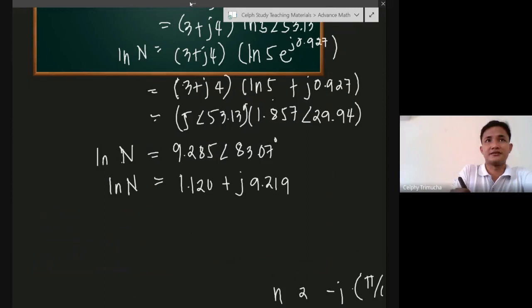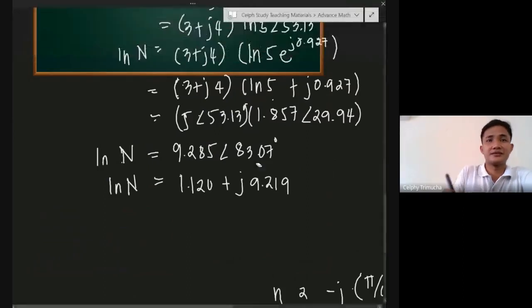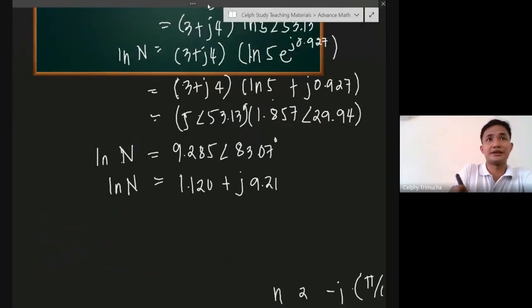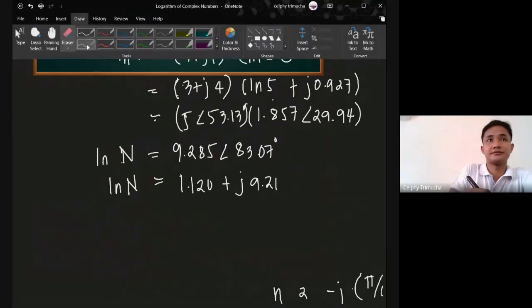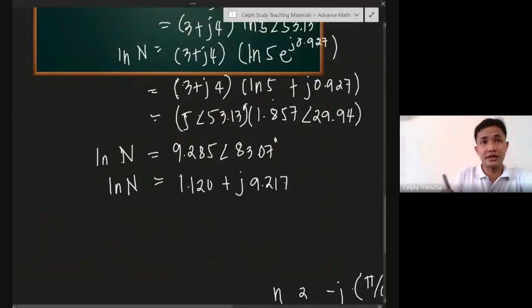Okay, so we have 1.120 plus j times 9.217.